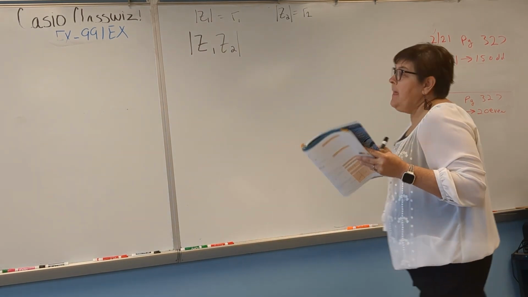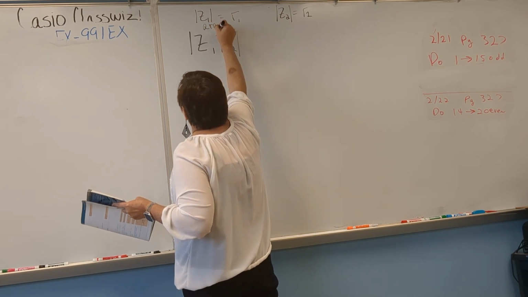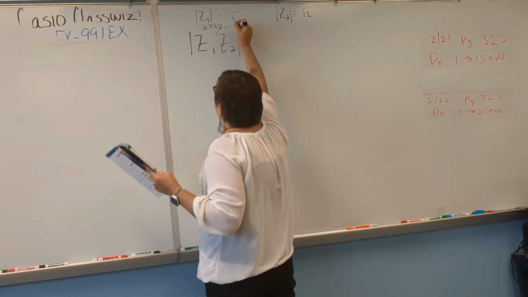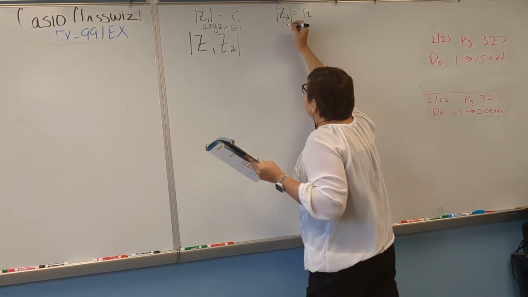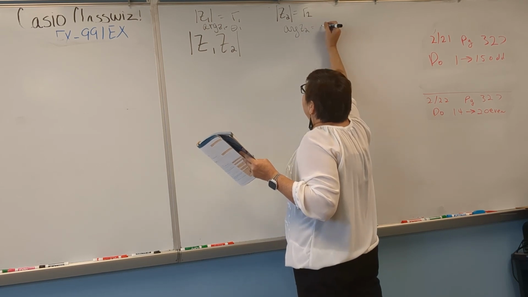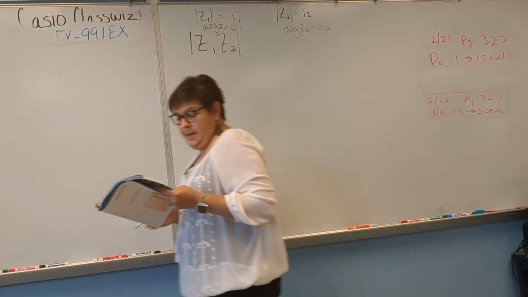Okay, and the arg for Z1, we're going to call theta 1, and then the arg for Z2, we're going to call theta 2. All right.